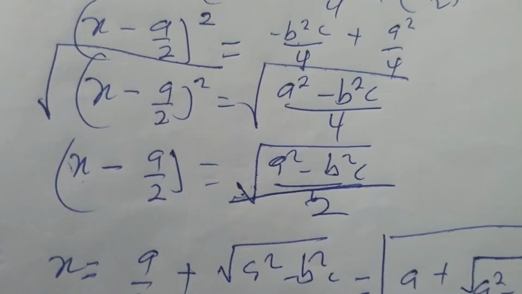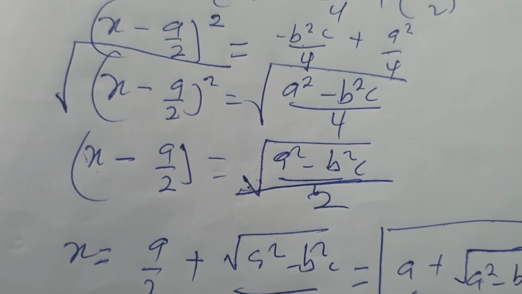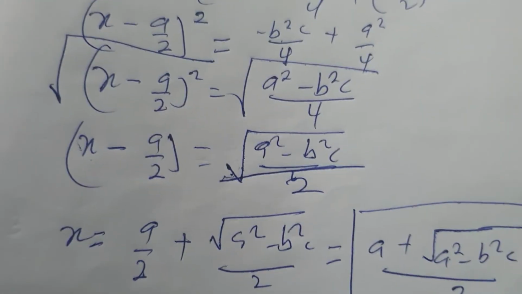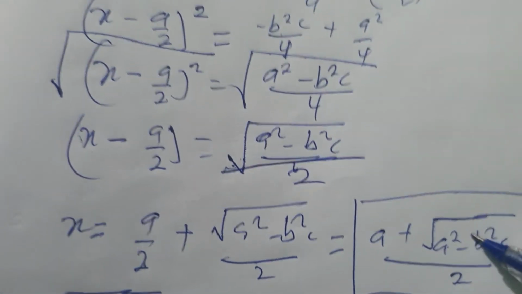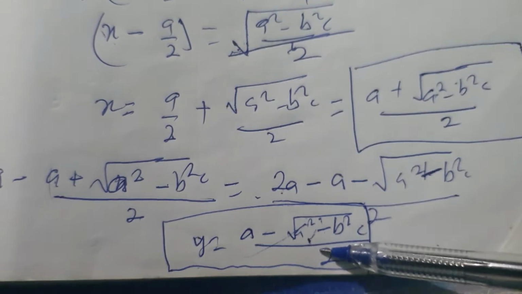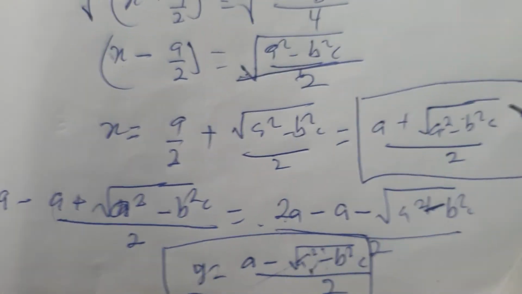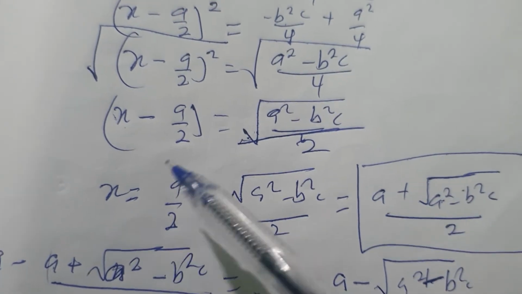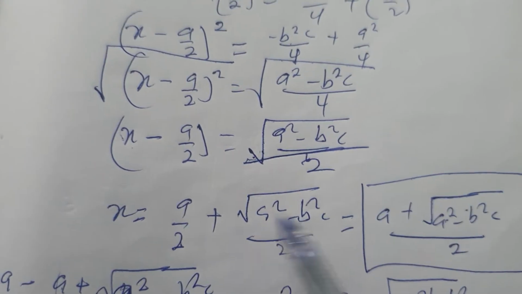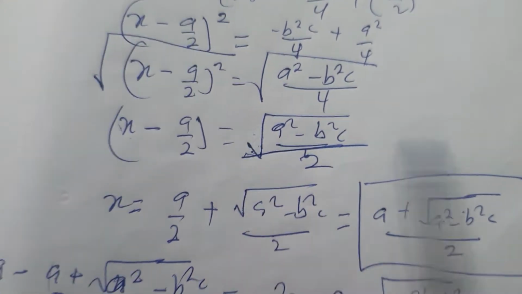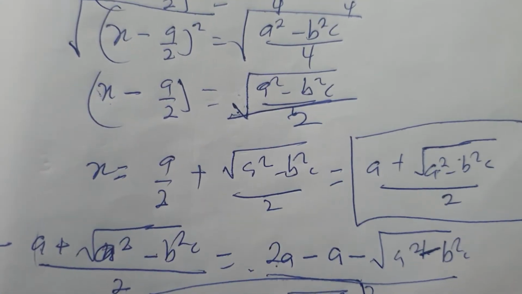Now you can compare the values of x and y. This one is just the conjugate of this one. Let me say this is a positive root and then this one is a negative root. So this is the negative root of this. This means if we had considered the negative root here too, it would have also changed to positive.